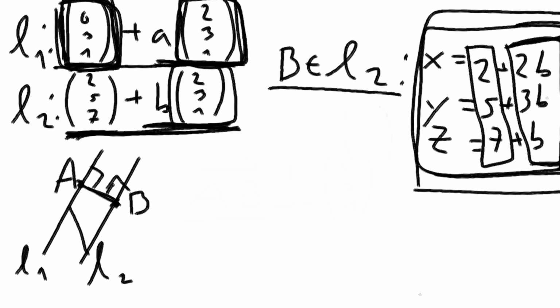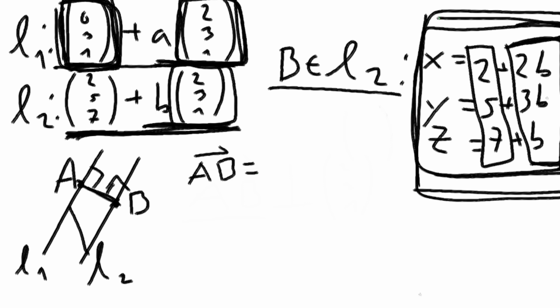So I will construct the vector AB. So hereby AB will be equal to the subtraction of A from B.